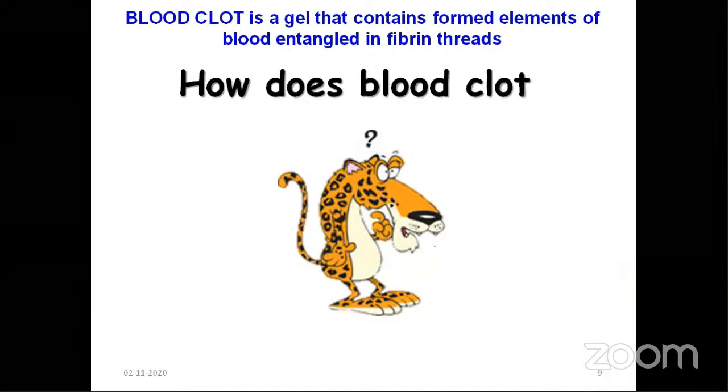Very important clotting proteins are fibrinogen and prothrombin, which are present as precursor molecules within the blood. So once these clotting proteins have been used up to form the clot, the liquid portion that remains behind is called serum. Serum is nothing but plasma minus the clotting proteins.